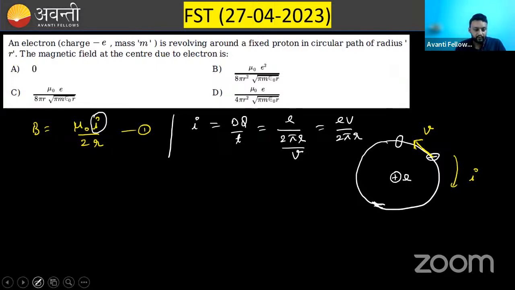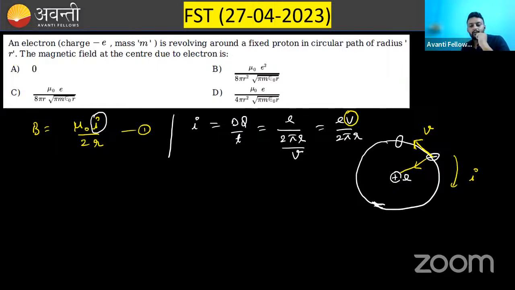Our other prime focus is to calculate the velocity. We know one general thing: whenever a particle is revolving in a circular path, there must be a centripetal force. In this situation the centripetal force comes from the electrostatic force between proton and electron.